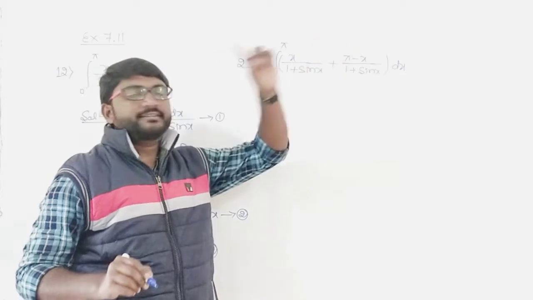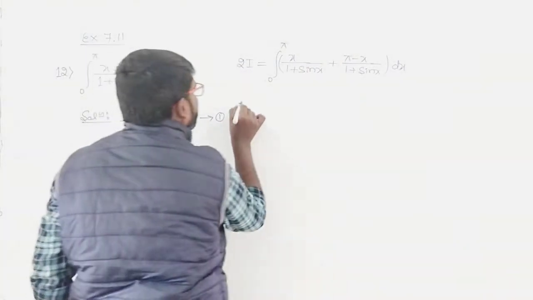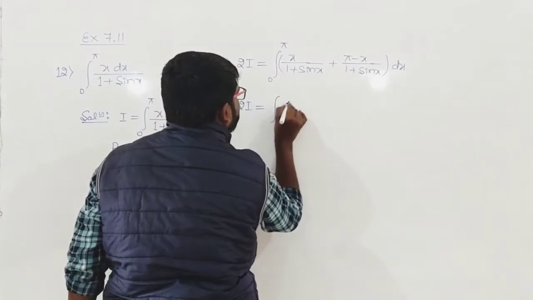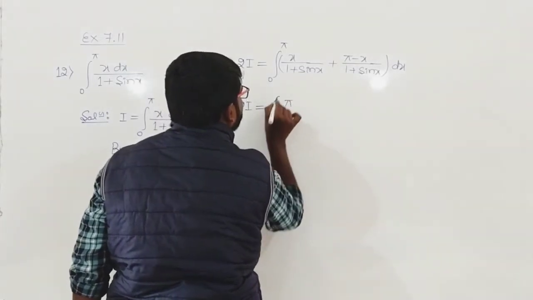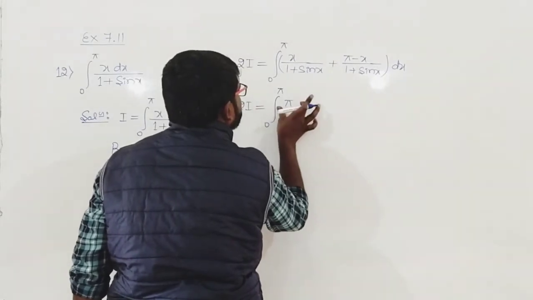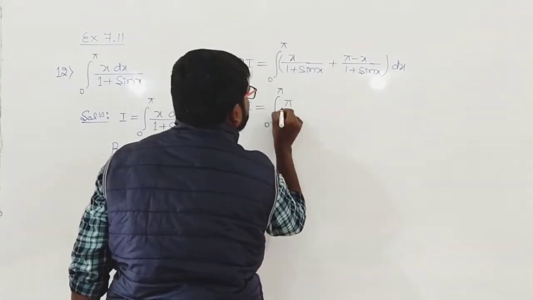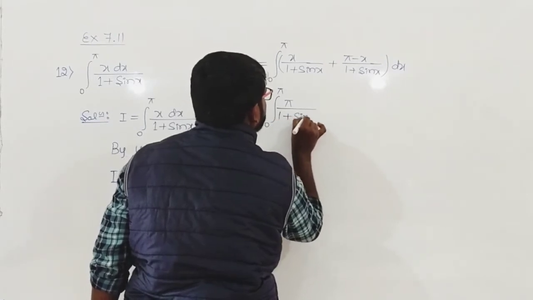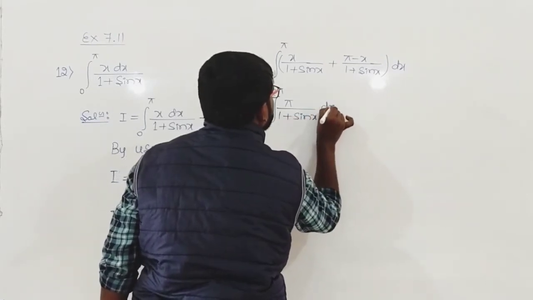Plus x minus x get cancelled, we get only pi. So 2I is equal to integral 0 to pi, pi divided by 1 plus sin x dx.